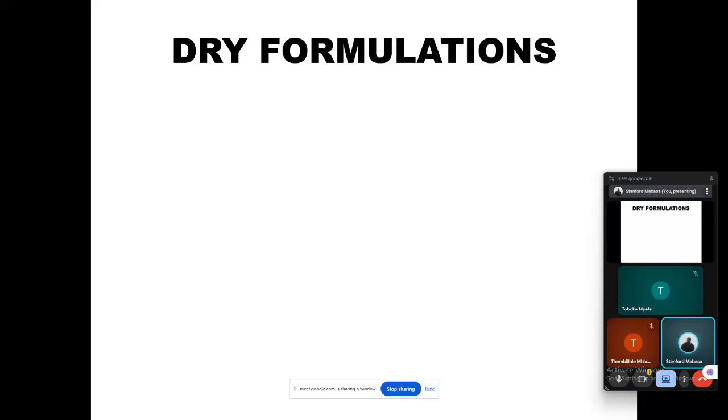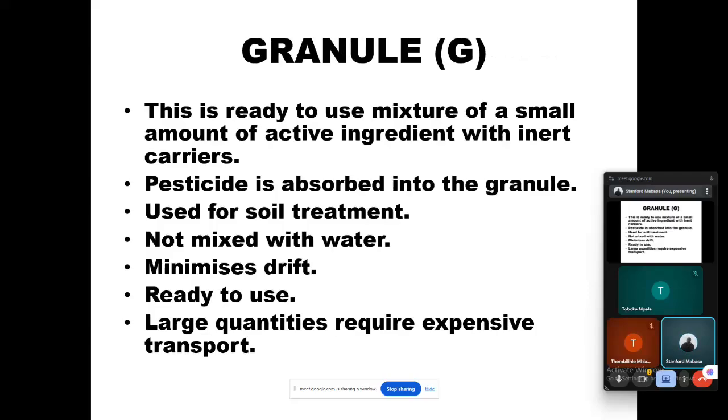Now we move on to dry formulations. So what we have been talking about are liquid formulations. Granule, the G. This is a ready to use mixture of a small amount of active ingredient with inert carriers.